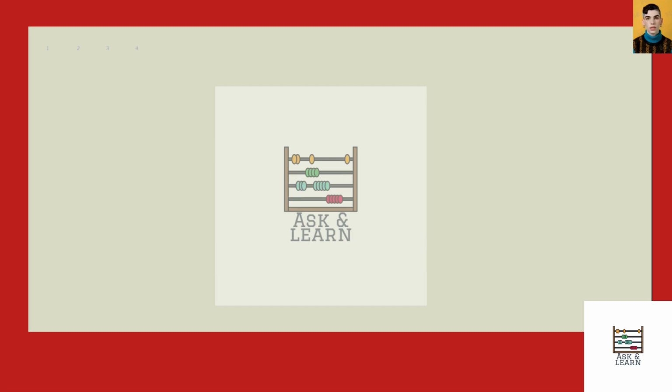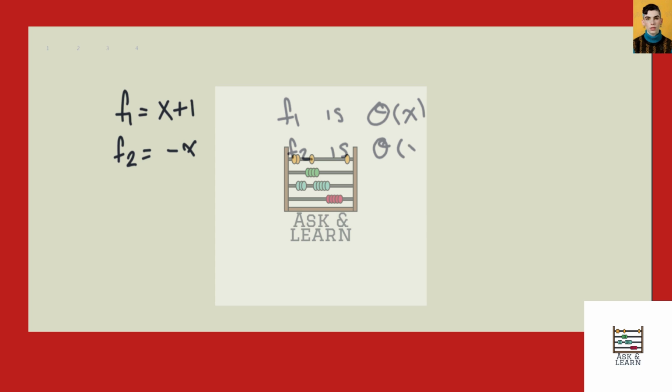And so, for example, if f1 was equal to x plus 1 and f2 were to be equal to negative x, then f1 is big theta of x, and f2 is big theta of x.